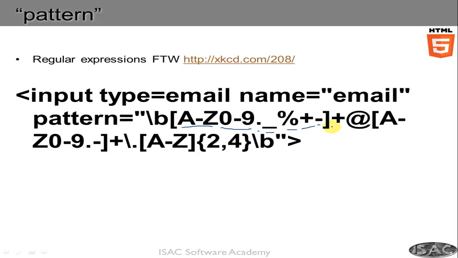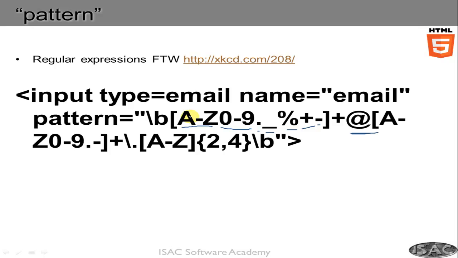And then there should be an ampersand before this, and then it should be all of this. Although this is not required, because by the time you say type equals to email, it will anyway do all this validation.